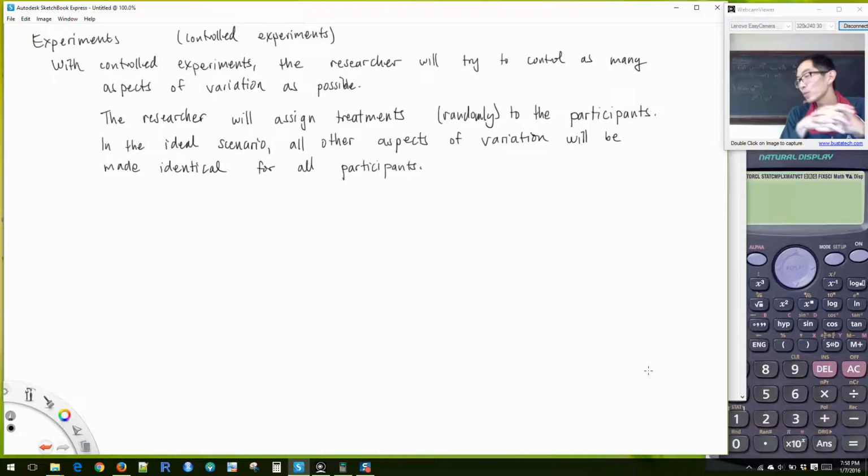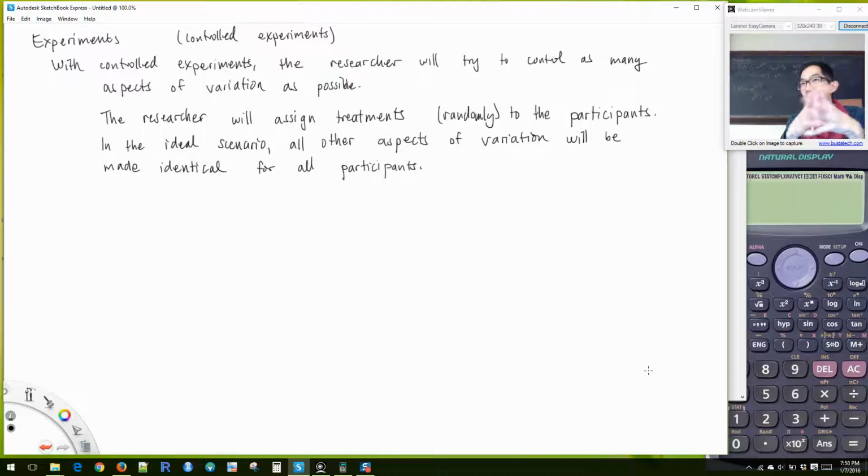So maybe we want to know, is a certain drug effective at reducing cholesterol? Okay, and so we would have to think, what are all the different possible things that could influence cholesterol?